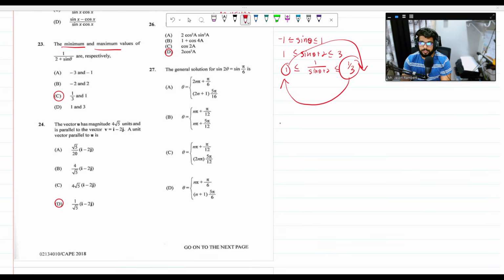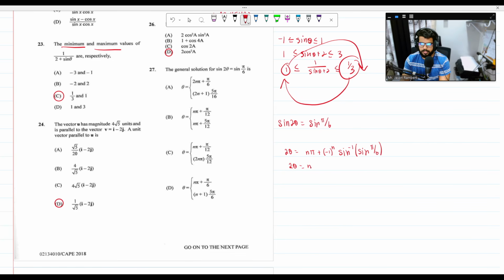So, general solution. If sine 2 theta is equal to sine of pi on 6, then 2 theta is equal to n pi plus minus 1 to the power n sine inverse of sine pi on 6, which will be pi on 6.